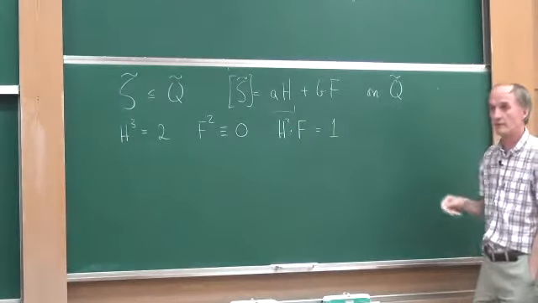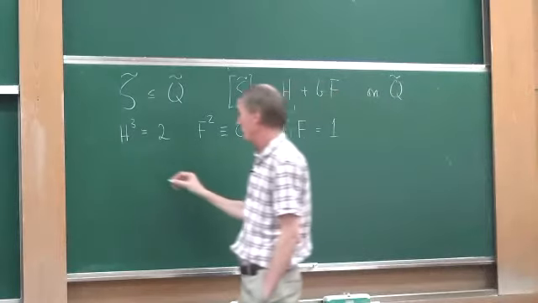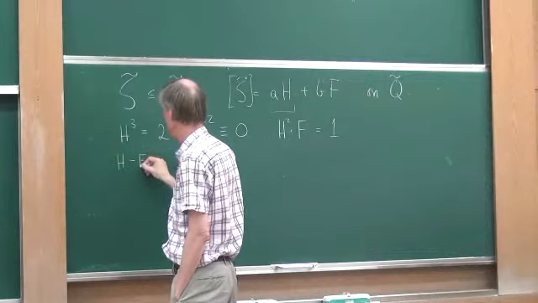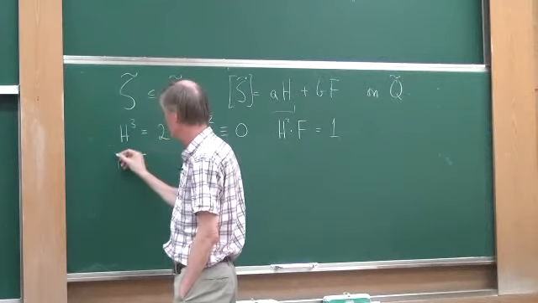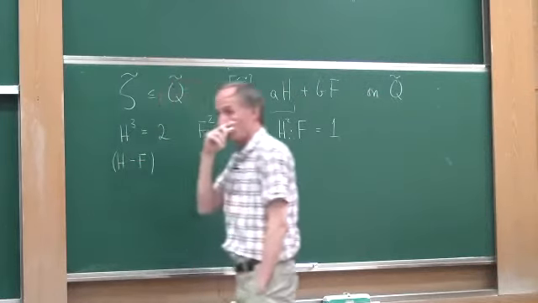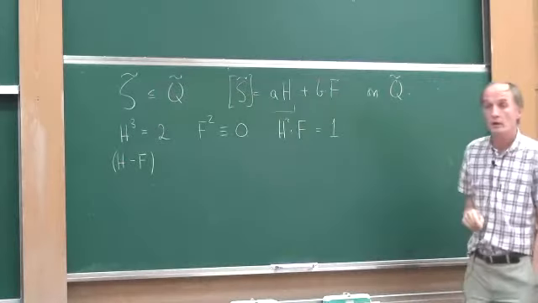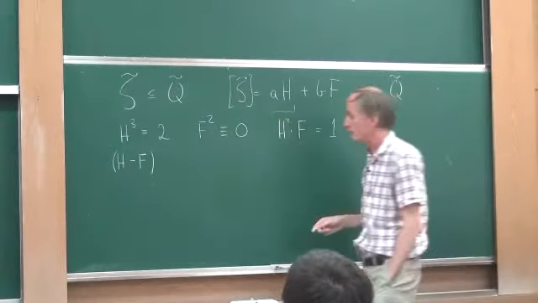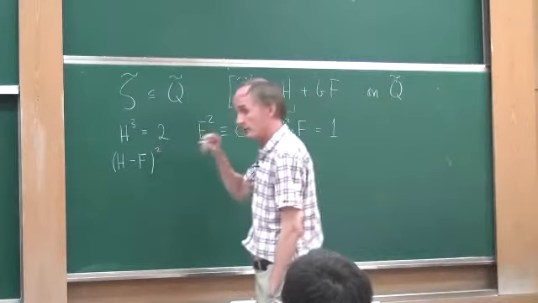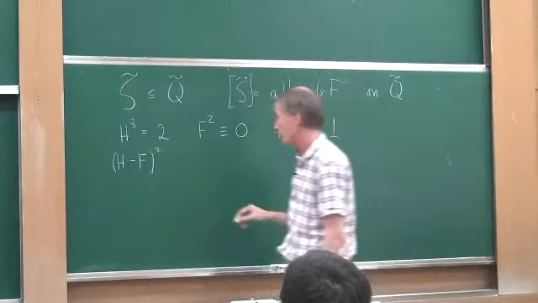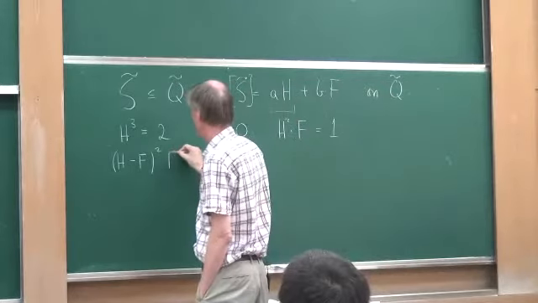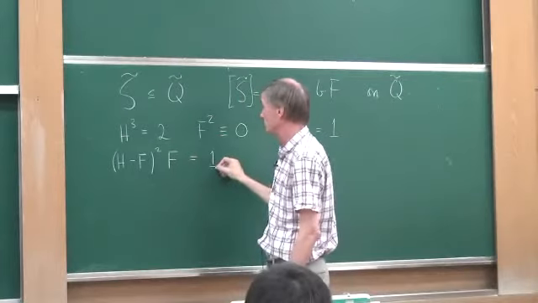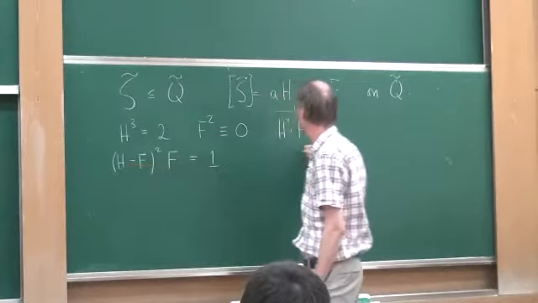So these are my intersections, and therefore if I look at H minus F, that's a divisor. That is certainly a divisor. There are hyperplanes containing a plane, so this is a divisor, and I take the square of this and I measure what happens. If I intersect this with F, I get 1. H squared times F is equal to 1.